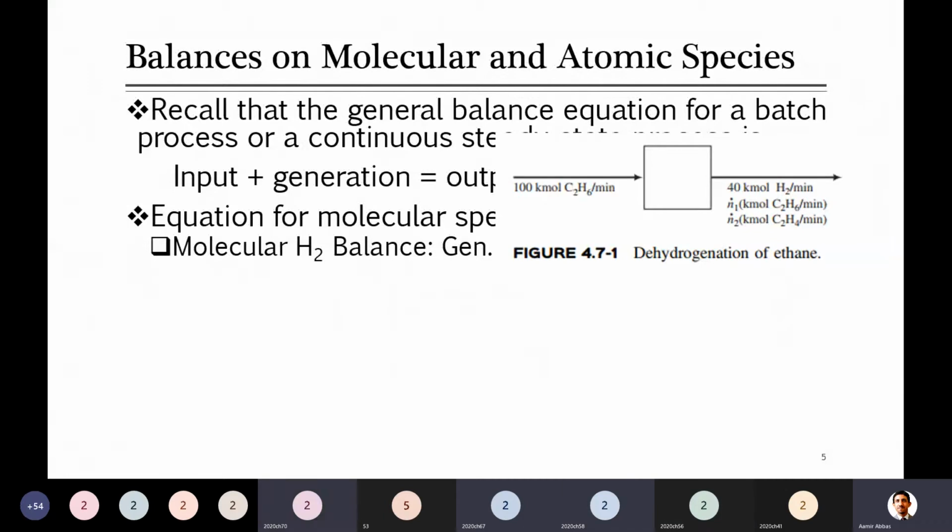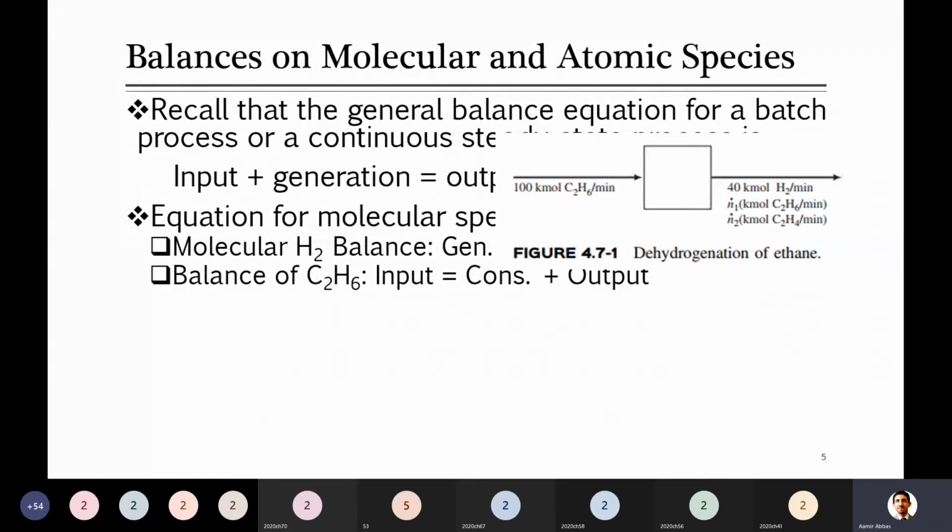Generation equals output. Simple. There is no consumption, because the reaction you have seen is the only one in which hydrogen is being produced. So from here we can maybe find its value. Next, if I ask you to write a balance on C2H6, can you quickly write it, or tell me, by looking at the diagram and applying the general balance equation?